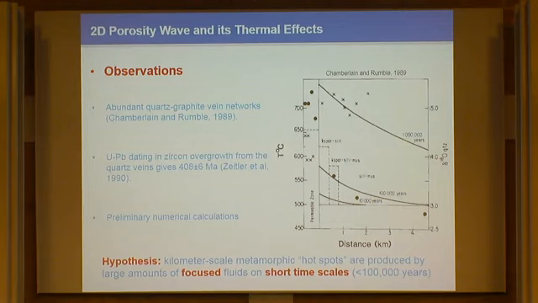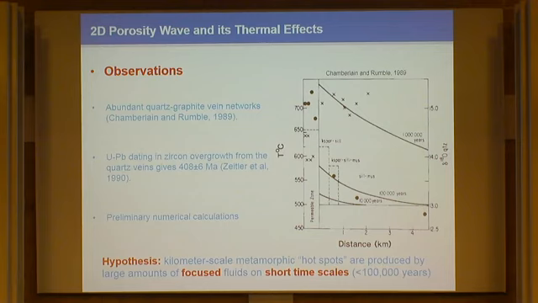And third, there's a very, very preliminary numerical calculation, which assumes there's a conduit permeable zone flowing through this region. You can see on this diagram, this is the distance from the hotspot, and this is the mineral assemblage, which reflects the temperature changes. The temperature reduces sharply over a short distance.